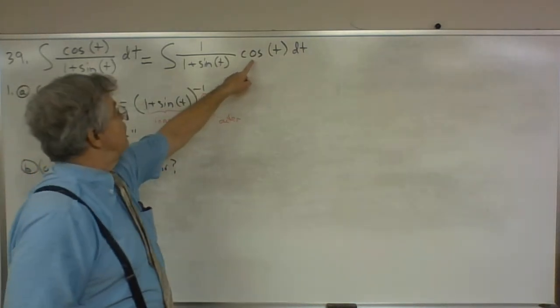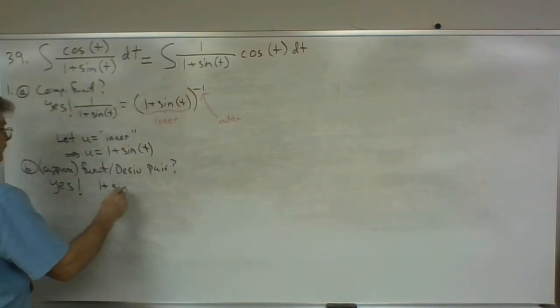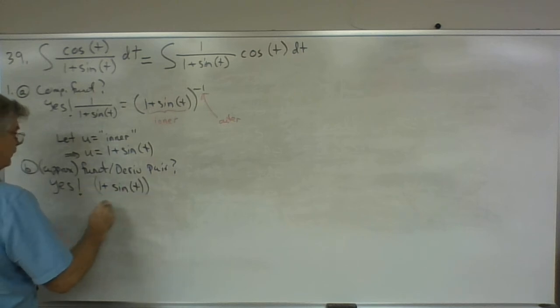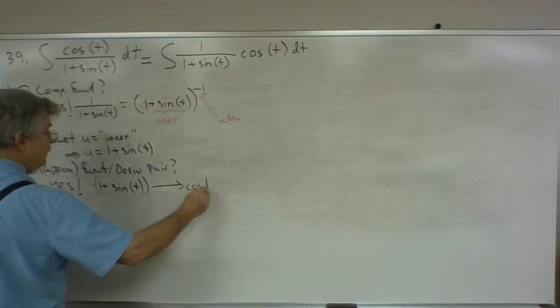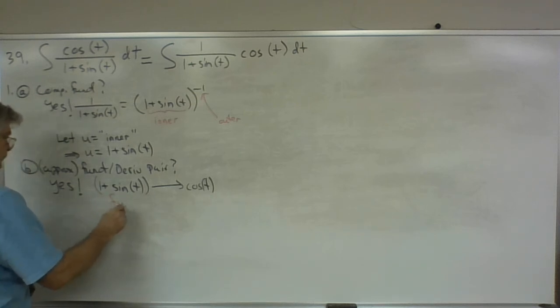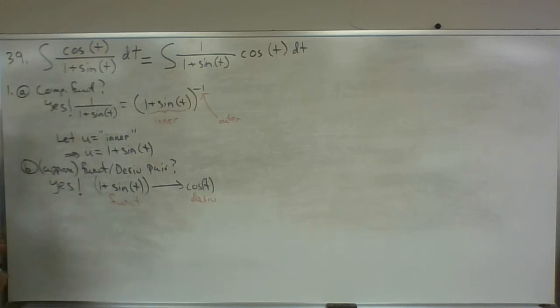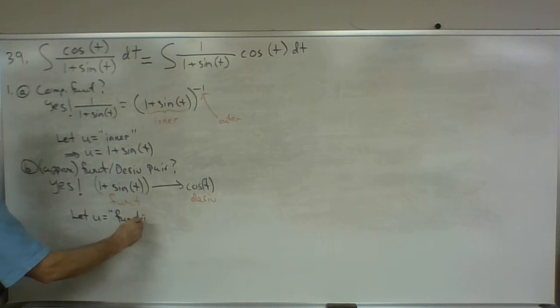Cosine is exactly the derivative of 1 plus sine t. So 1 plus sine t is our function, and cosine of t is our derivative. And our rule of thumb says let u equal the function of the function derivative pair. So u is 1 plus sine of t.